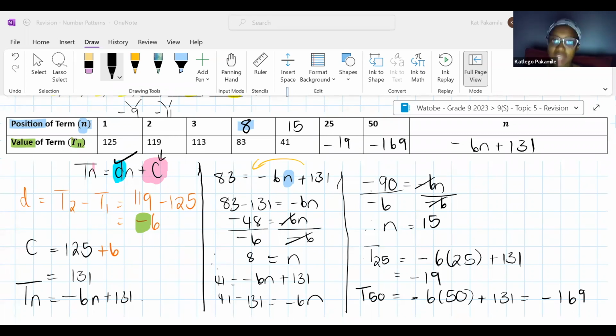They gave us 50. Whereas when you have TN, which is 83 and 41, you substitute by TN, which is on the left.